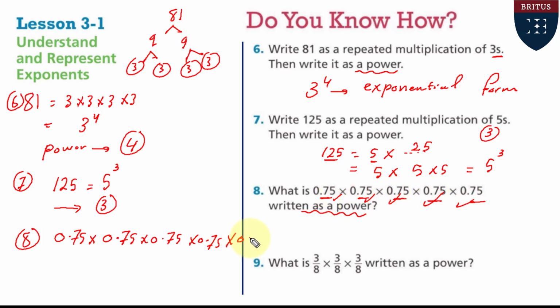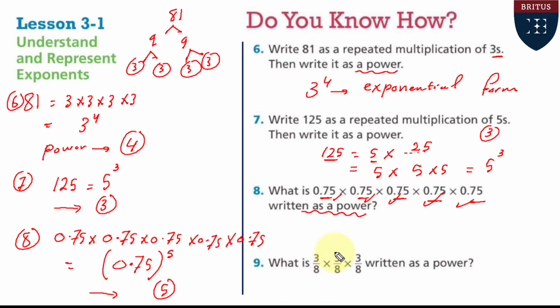Now we can write 0.75 raised to the power 5. Now its power is what? Its power is 5. He's asking about the exponent. And 0.75 to the power 5 is the exponential form of the repeated multiplication.